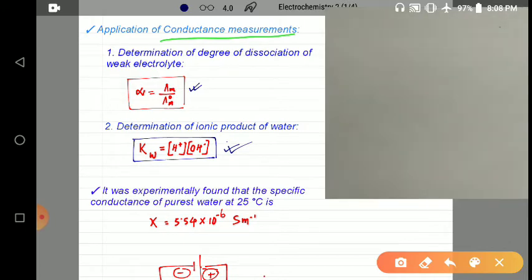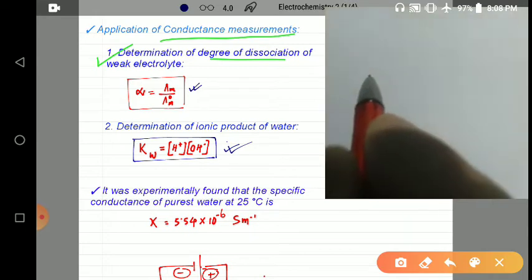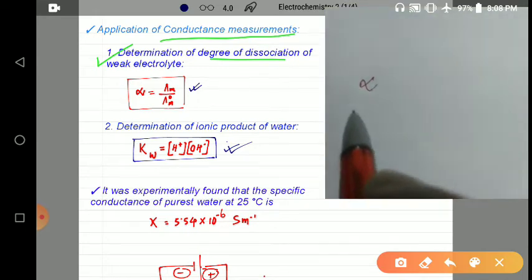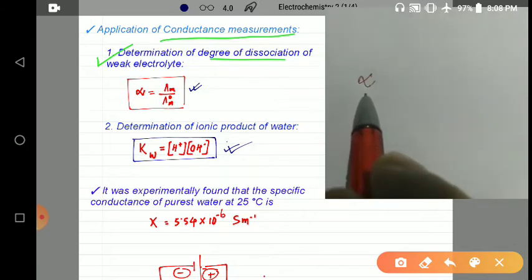Okay, so coming to the first application, which is the determination of degree of dissociation of weak electrolyte. So what is the degree of dissociation? Degree of dissociation, which is symbolized as alpha, quantifies how fast the ions form from their electrolyte in the electrolytic solution.